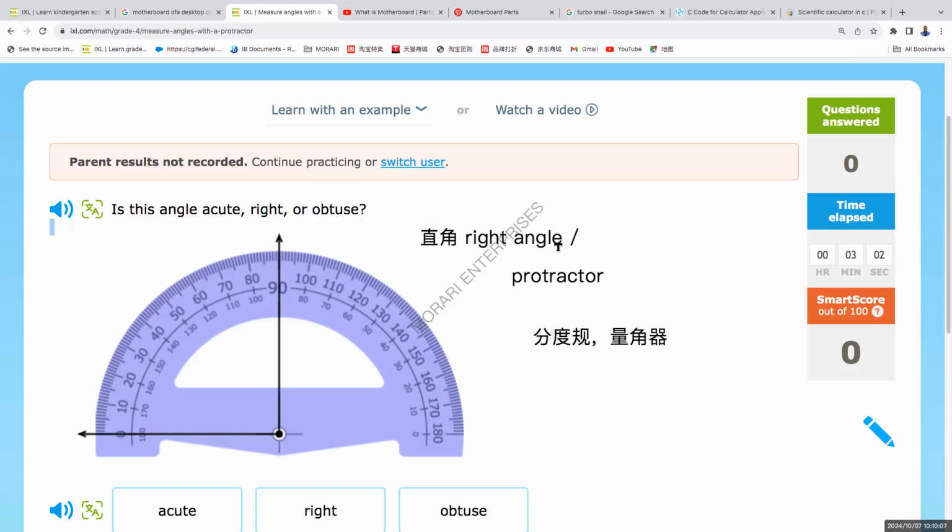Then you have acute angle. This one is the right angle.